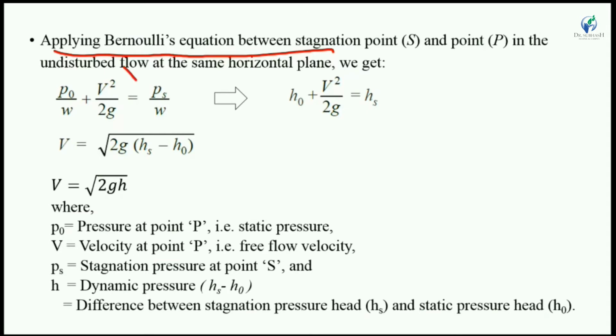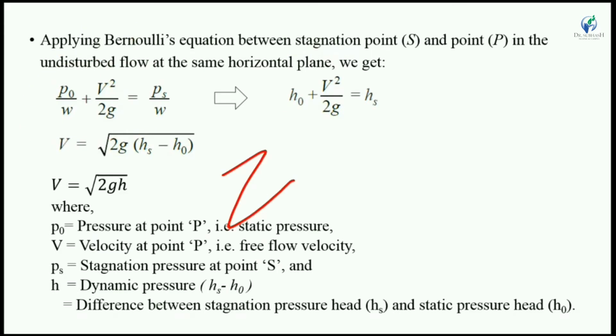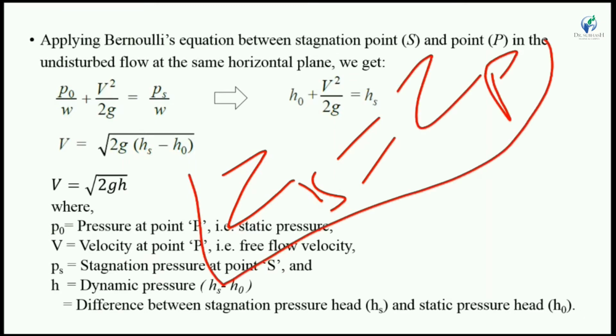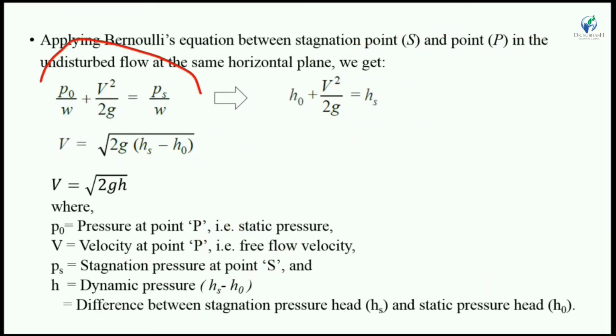We know that three energies are considered in Bernoulli's equation: pressure energy, kinetic energy and potential energy Z. Here the pipe is horizontal, so the potential energy at section 1, the stagnation point, or point P is equal. So ZS is equal to ZP, and it is cancelled in this equation.